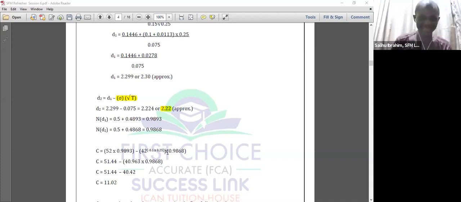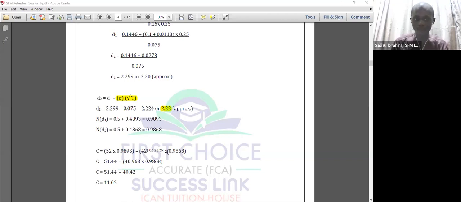So just press the ln. You see, e will come out on the calculator, isn't it? So open your bracket, then put minus 0.1, then multiply by 0.25. Close the bracket.